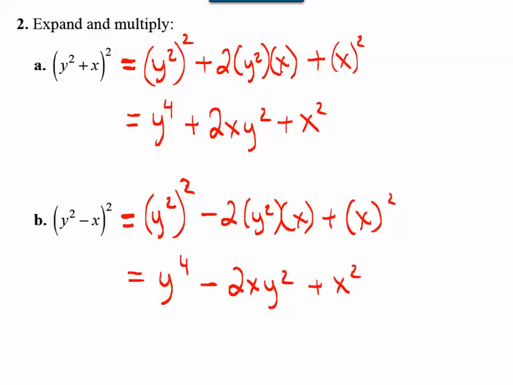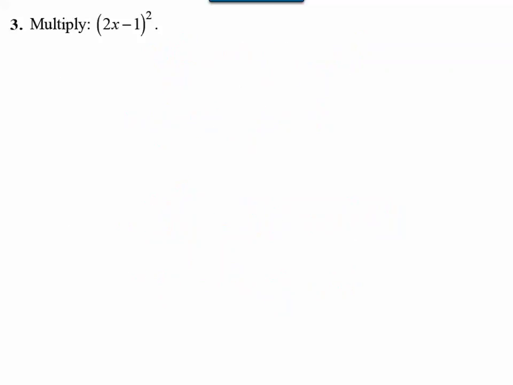Okay, we're going to do some practice problems here. Again, see if you can go directly from problem to answer right away. Done. So number 3. I'm going to write down the formula each time.